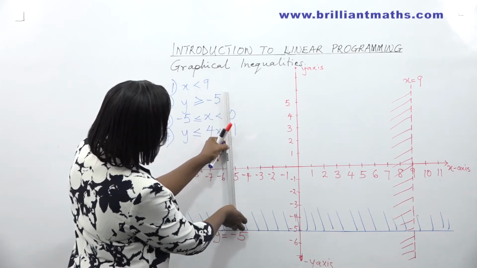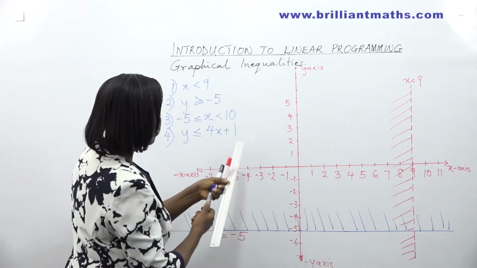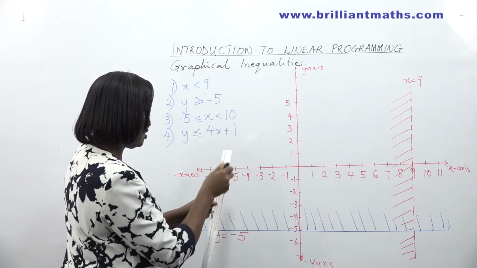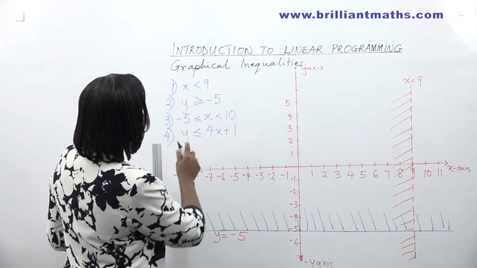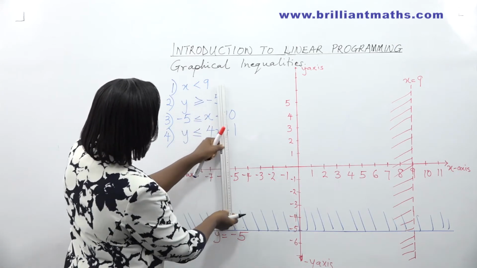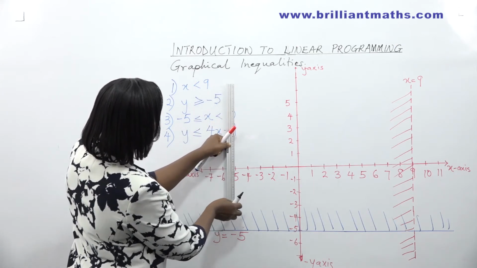Let's see. X is greater than or equal to minus 5. That's the line x equals minus 5.